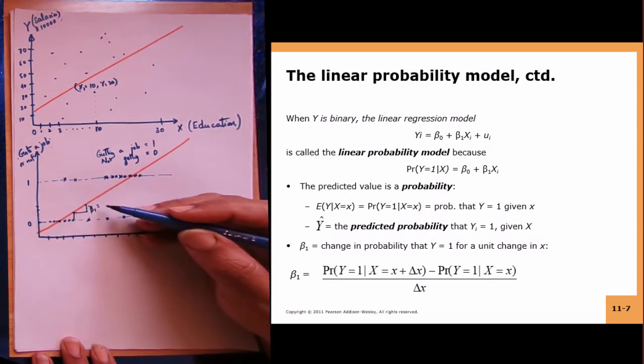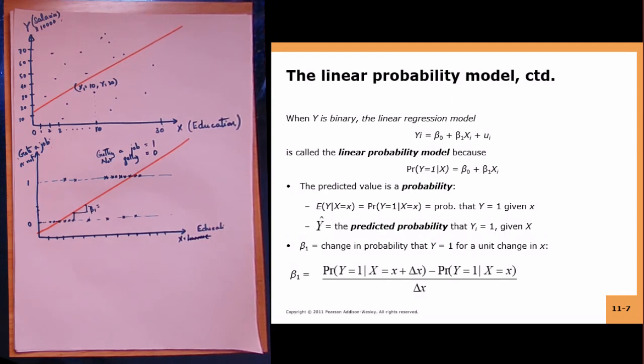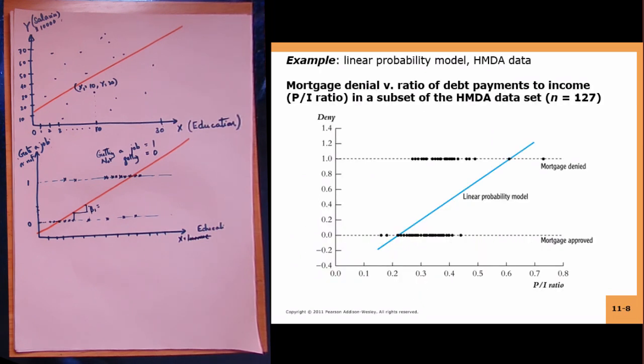So the change in the probability: probability of y equals 1 given x equals x plus delta x minus probability of y equals 1 given x equals x, divided by delta x. How much does your probability increase if you increase your education by a little bit? Okay, so that is the incremental probability divided by the change in the independent variable.